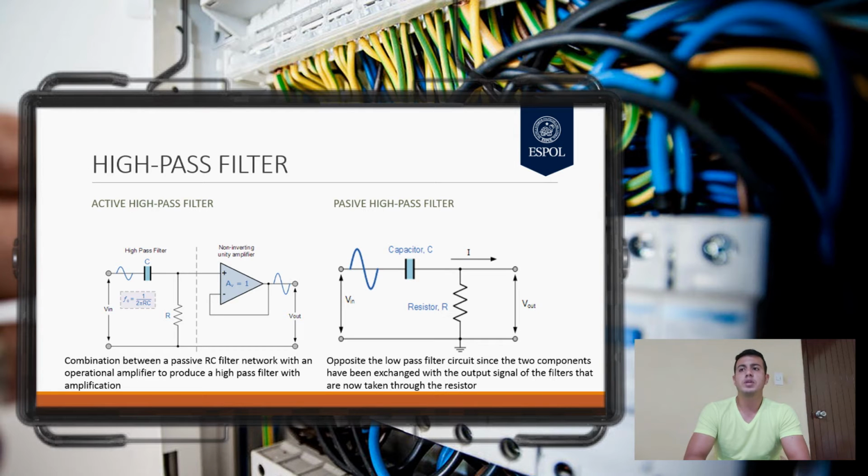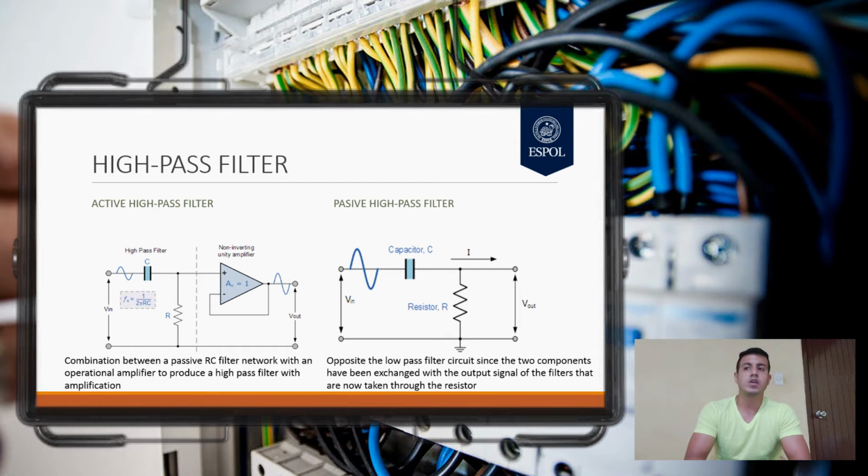The basic operation of an active high-pass filter is the same as for its equivalent passive RC high-pass filter circuit, except this time the circuit has an operational amplifier included within its design, providing amplification and gain control.